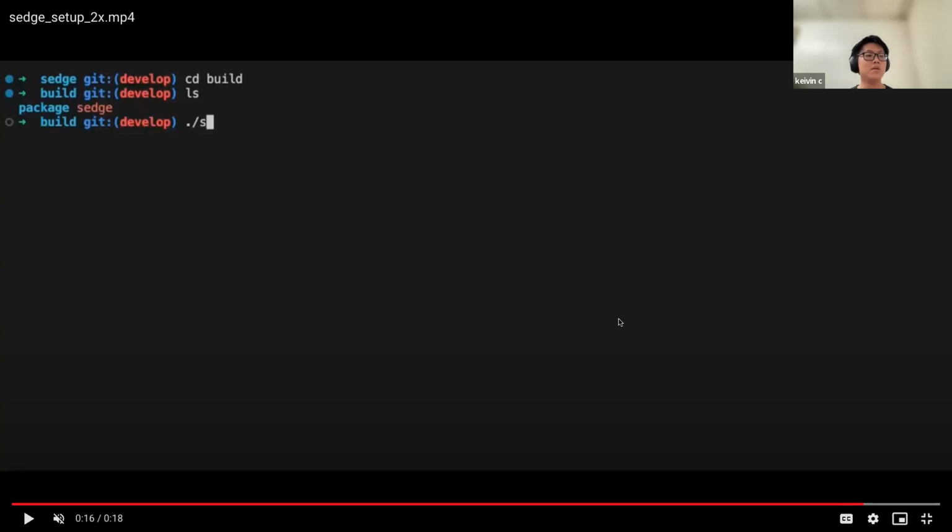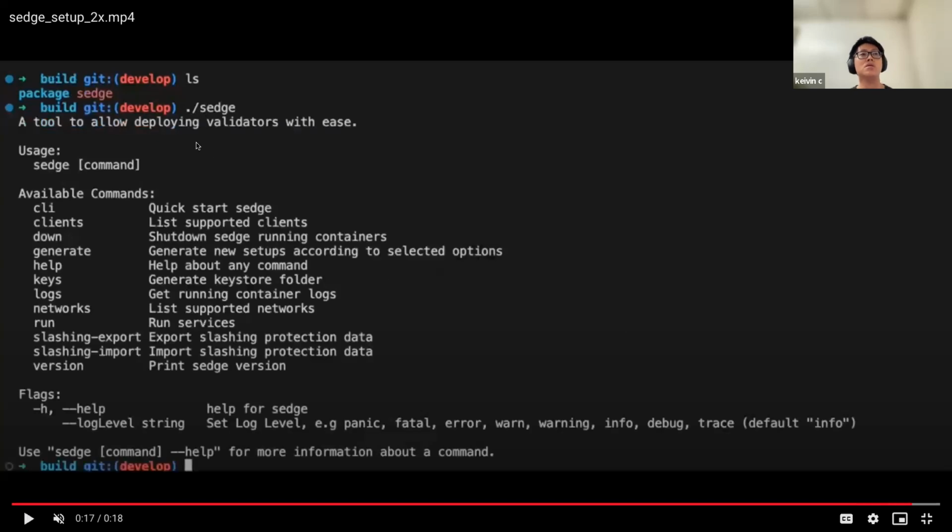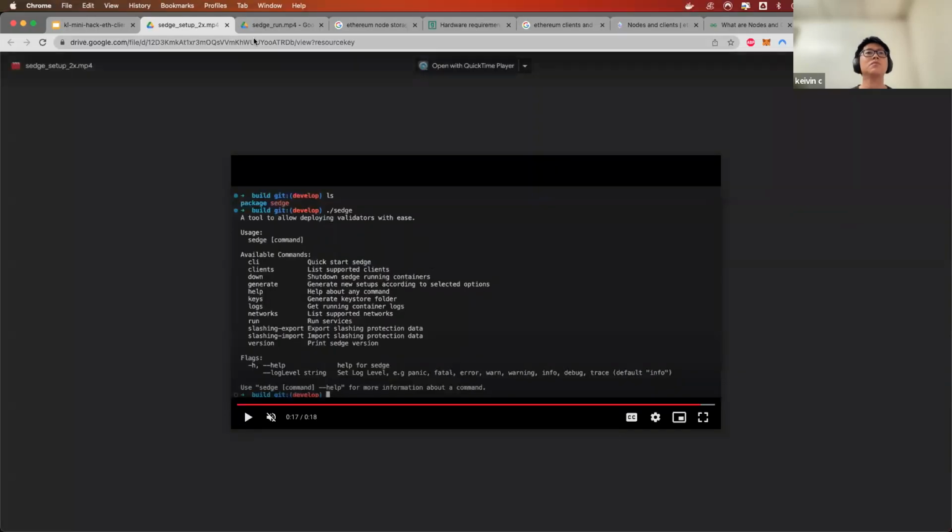Depending on whether you're running Windows, Linux or macOS, it'll compile the Go source files into an executable. Once that's done, I'll change my directory to build and run the executable. As you can see, you have a list of commands here, which I previously hinted at, which are clients, networks, and all the other more advanced or detailed commands.